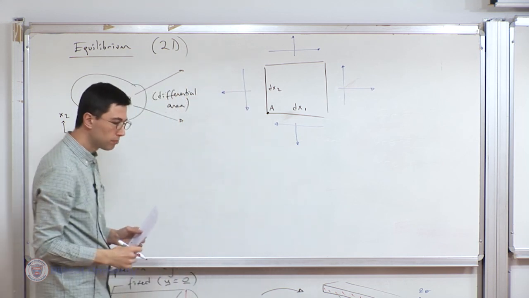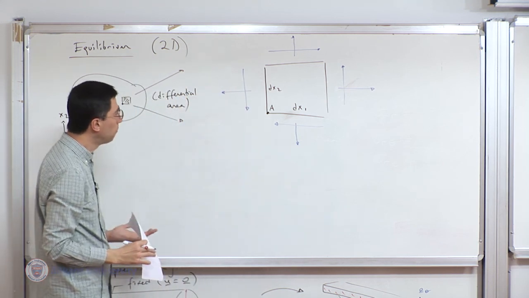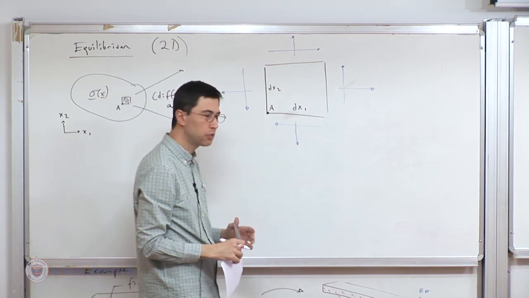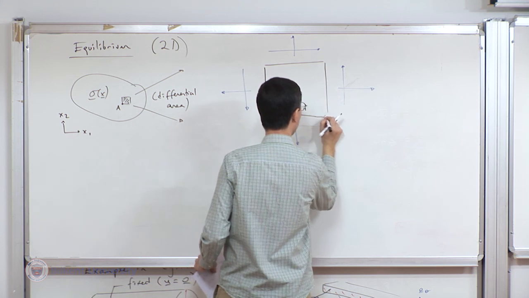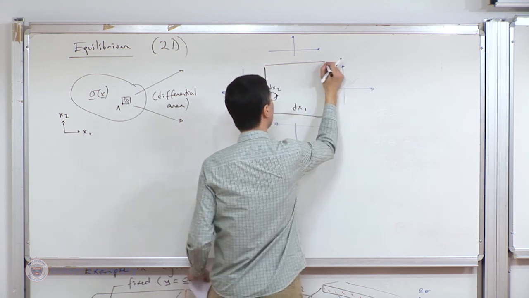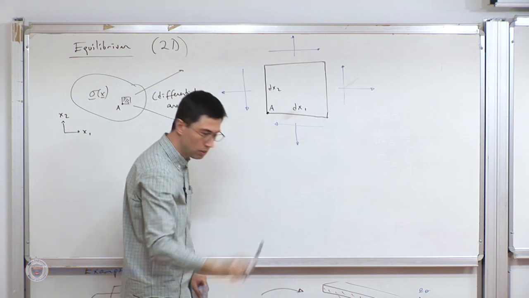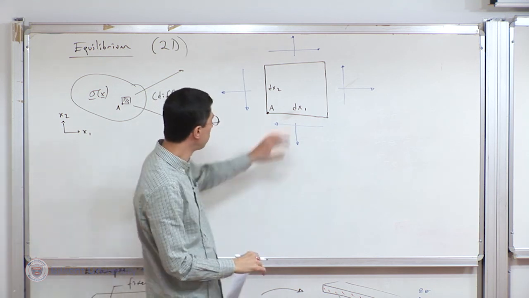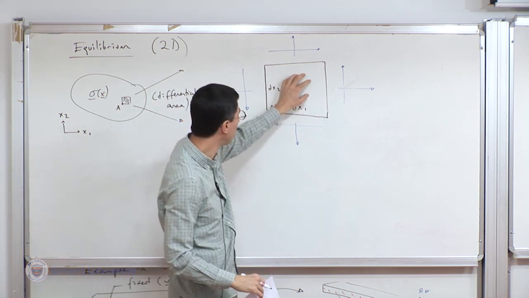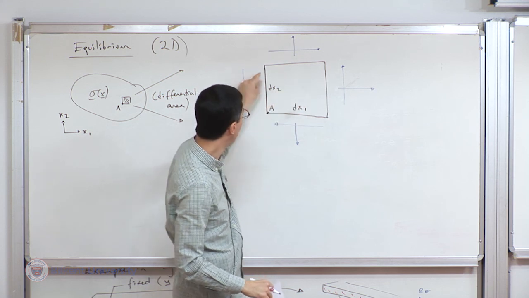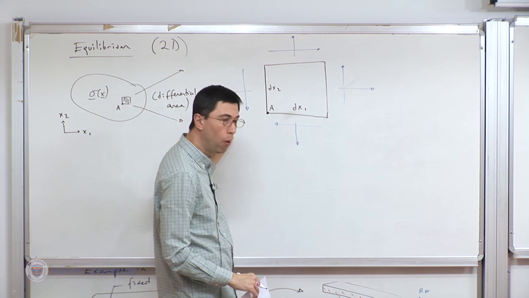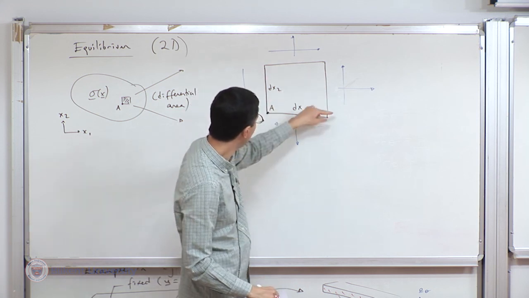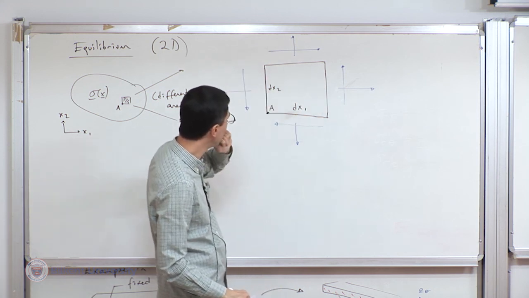Okay. What I care about really is how the stress changes along this differential element. So this is a picture that is slightly different from the very first picture that I've drawn at the beginning of the course. This is not representing what happens exactly at an ideal point. This is a very small but finite sized area.